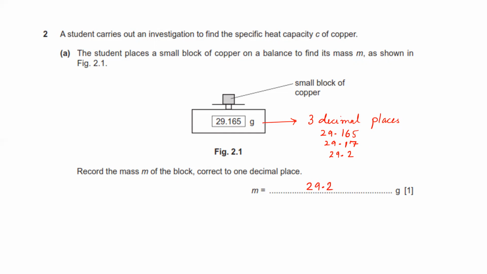Remember why: if this digit is equal to or more than 5, add 1 to the previous number, so 7 becomes 8... and then again, in the next step, if this is more than 5, add 1 to this number. So 1 plus 1, 2. This is how we do the approximation in our case.